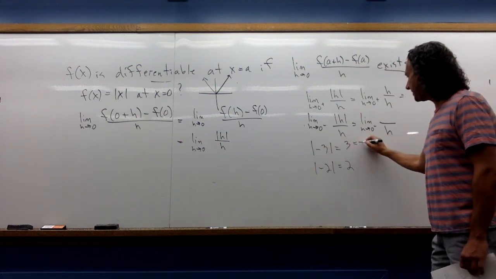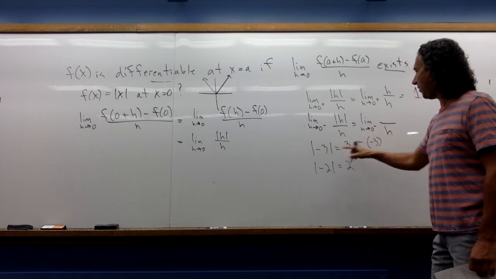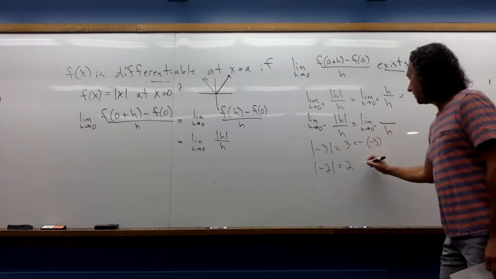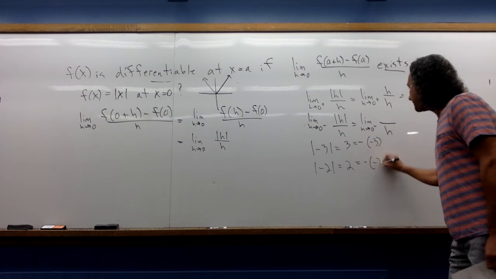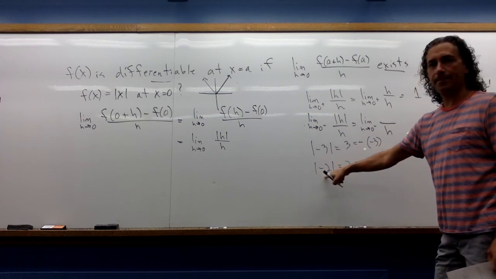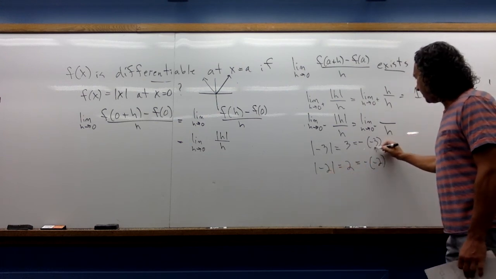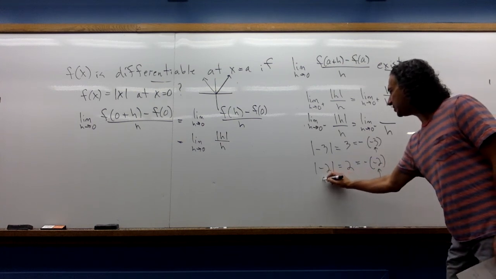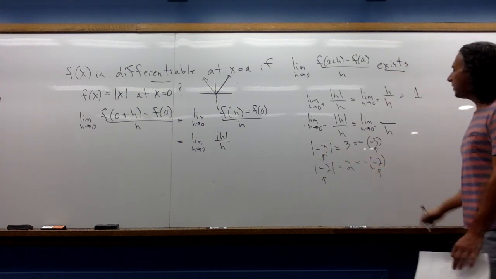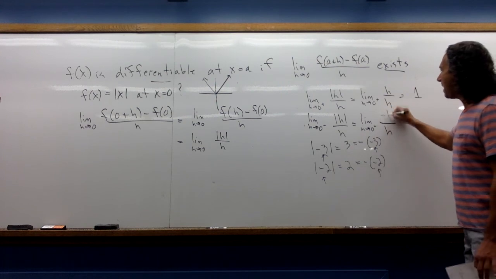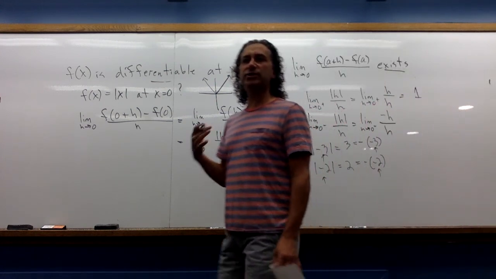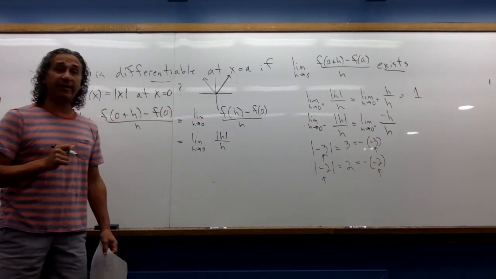We took the opposite of the h that we put in there. That's what 3 is. To get the 2, we took the opposite of this guy. So this guy here and this guy here, that's my h. So when I come in from the left, the absolute value of h is just negative h.